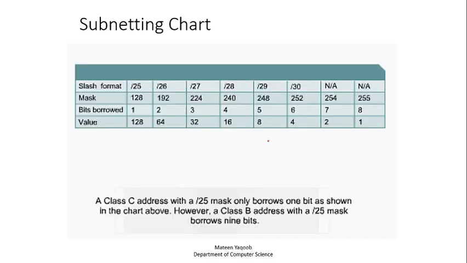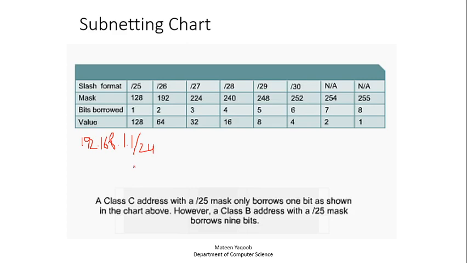Let's do an example here for subnetting. Suppose this is your IP address: 192.168.1.1/24. This is a class C IP address, and its class hasn't been changed.